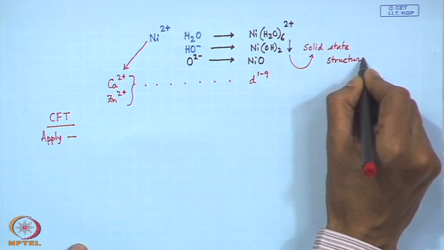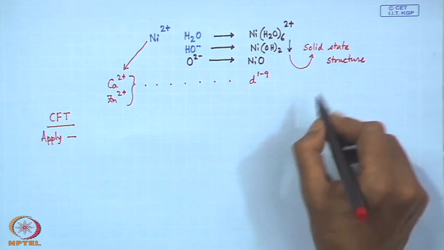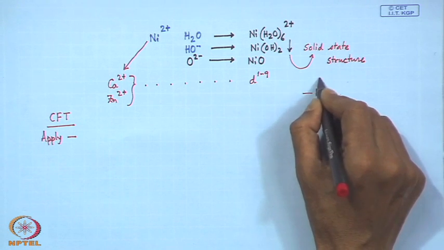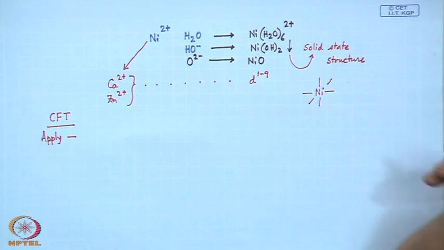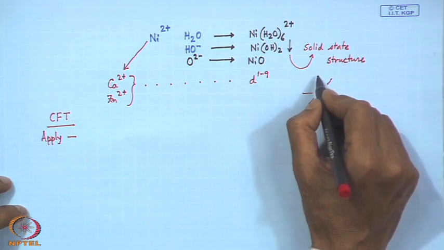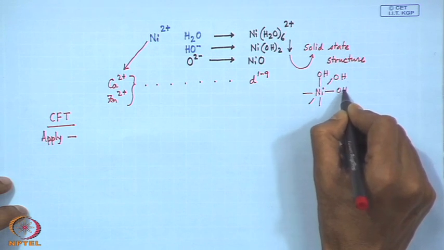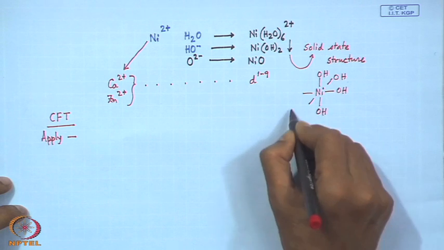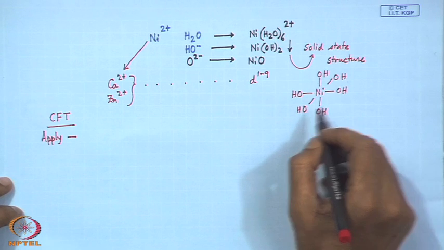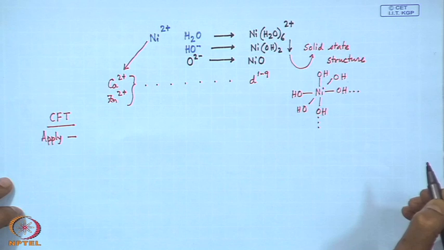So, both nickel hydroxide and nickel oxide can have a solid state structure, where we will see how this nickel is sitting, whether it is in some octahedral crystal field like that of our hexaaqua nickel 2 ion, or in some other form where the ligands have been changed from water to hydroxide ion, or they are forming some polymeric species where this OH group can form a bridging interaction with the second metal center.